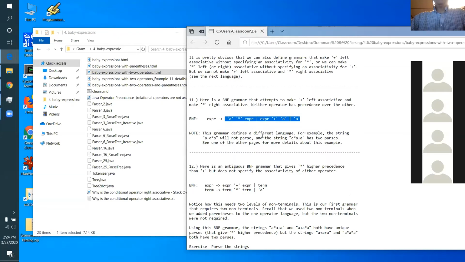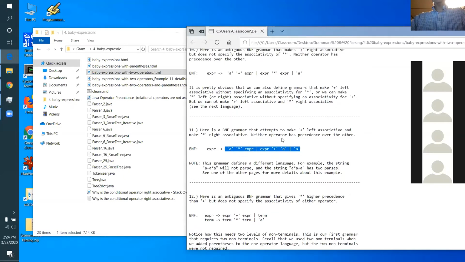I think it works out to be the grammar of strings that are either all multiplications or all additions. A string in this language has only multiplication in it, and then they're right associative, or it has only additions in it and then they're left associative. But you can't mix the addition and multiplication.